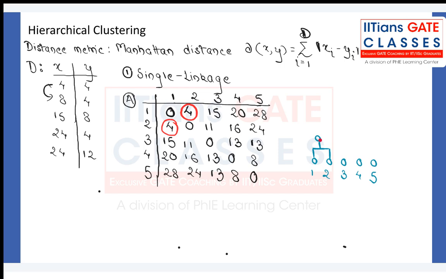There is a name to this diagram; we'll go to that later. For now, it should be okay. Thus in the second iteration, you have the cluster 1, 2, and then 3, 4, 5.